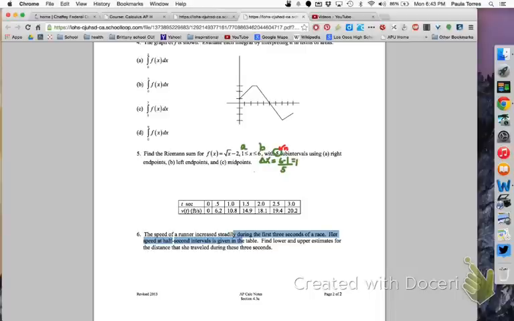And then I also need to know what x sub i is. And remember, x sub i is nothing more than a, which is 1, plus delta x, which is 1, times i. And then I have to find f of x sub i.